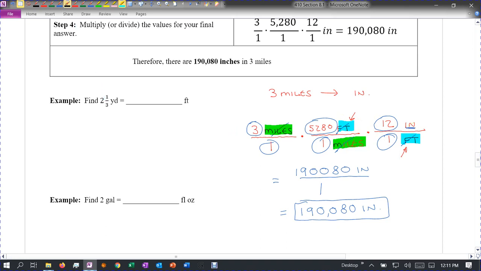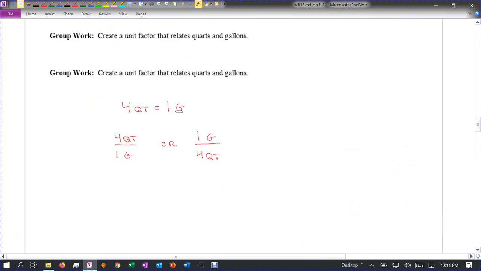Let's try this one. 2 1/3 yards. So first thing I'm going to do is convert this mixed number. Multiply 2 times 3 is 6, add 1, we get 7/3 yards. And we want to convert that into feet. So what do we know about yards and feet? If we scroll back up, what was our relationship between yards and feet?